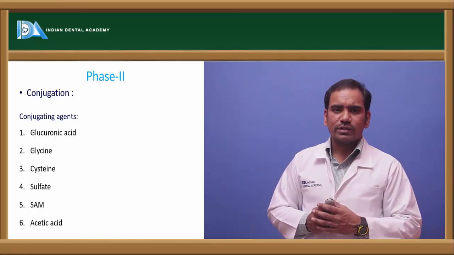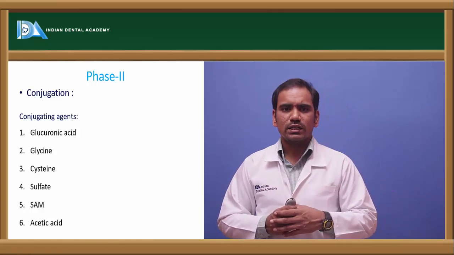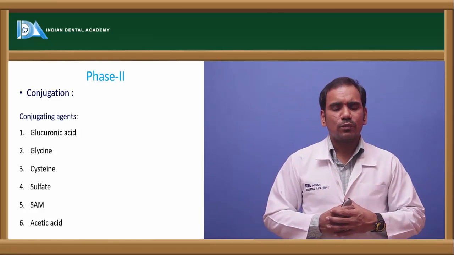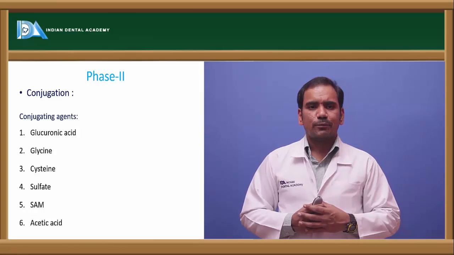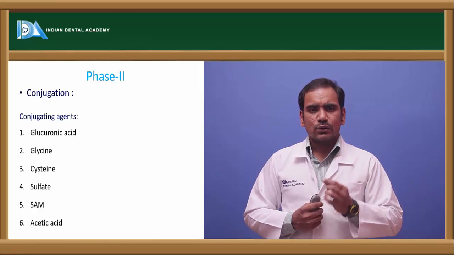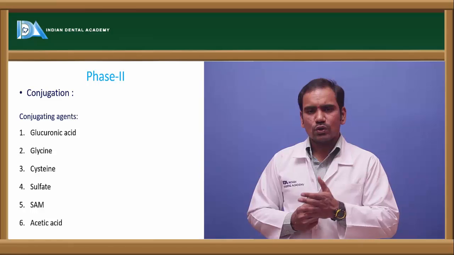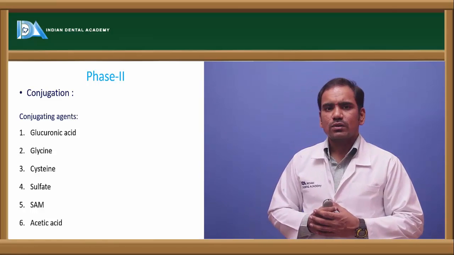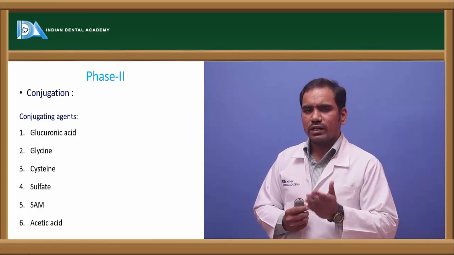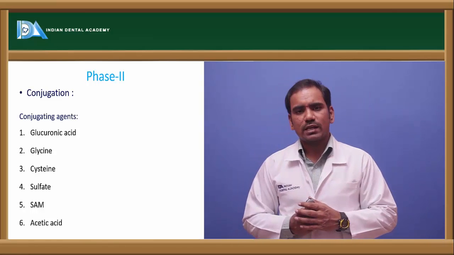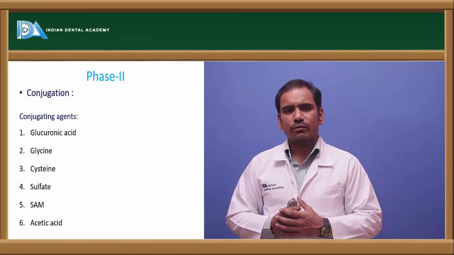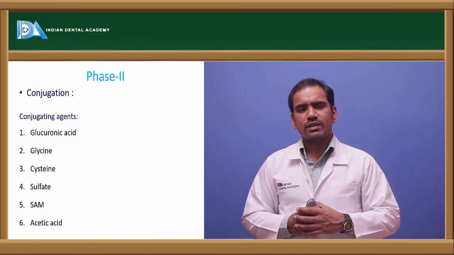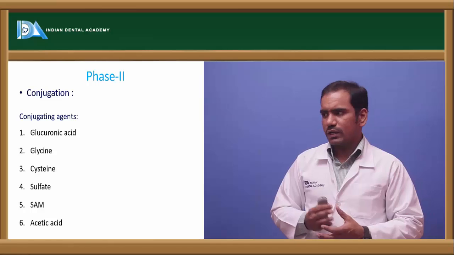The active form of cysteine in which it acts as a conjugating agent is glutathione. Glutathione has 3 amino acids: glutamate, cysteine and glycine. The cysteine part of glutathione has the conjugating function. It has a role in detoxification by conjugation. Cysteine reacts with the toxic compounds and converts them into a mercapturic acid, so that it can be easily excreted from the body. So that is the role of cysteine and glutathione in detoxification.